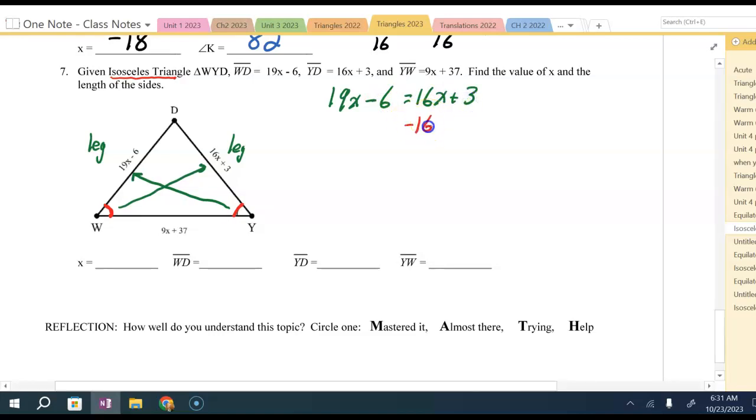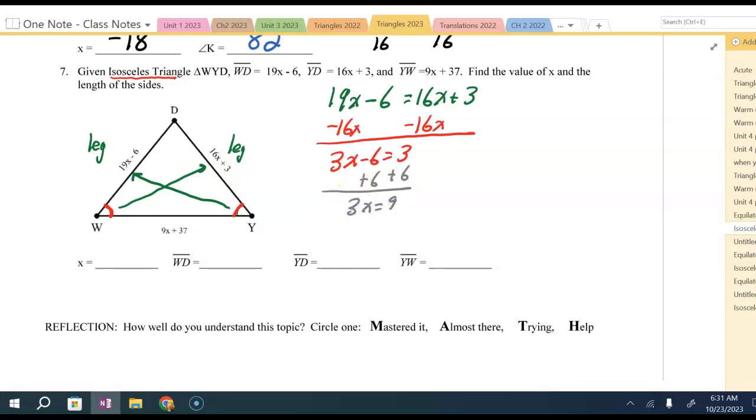I'll subtract 16x from both sides. And I'll get 3x minus 6 is equal to 3. I'll add 6 to both sides. And we get 3x is equal to 9. Divide by 3. So x is 3.